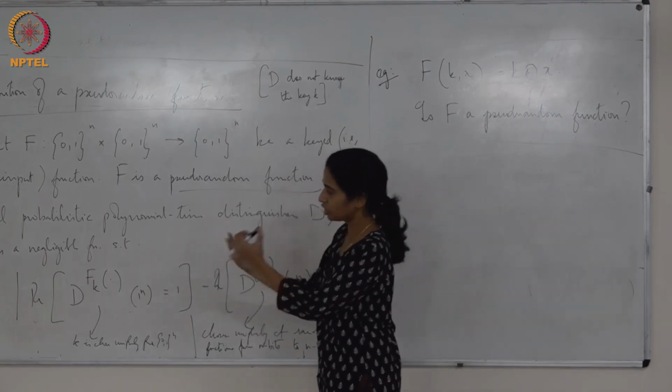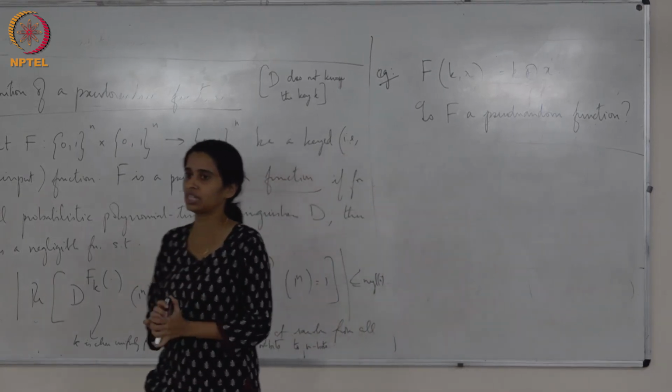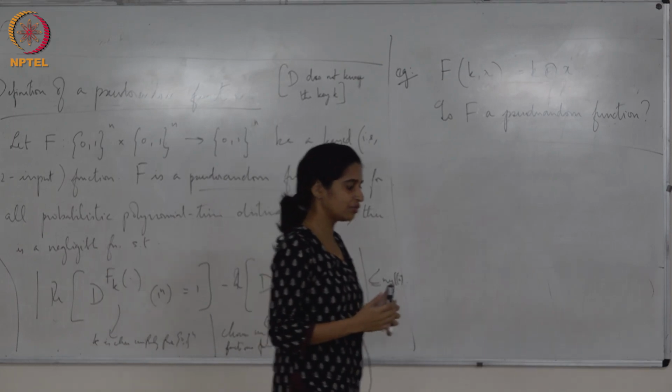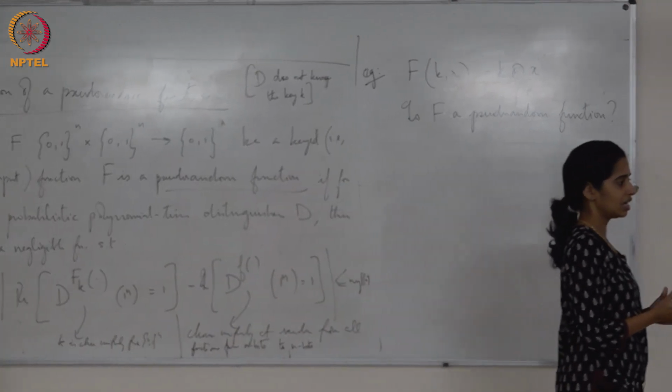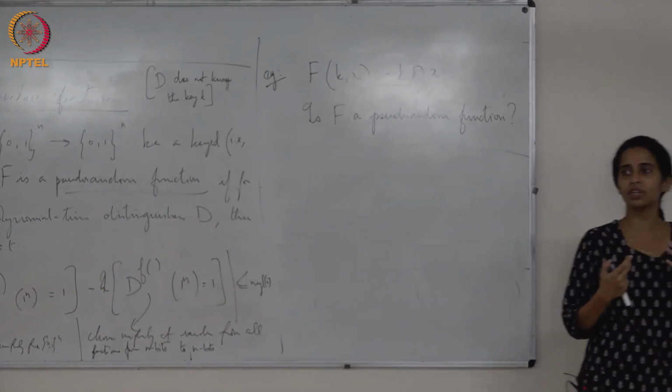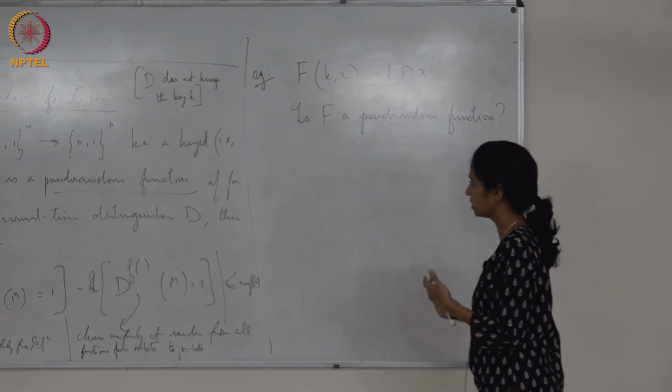So again, in this very quick discussion of a truly random function, I discussed that for a truly random function there are many input-output behaviors that we would not expect.